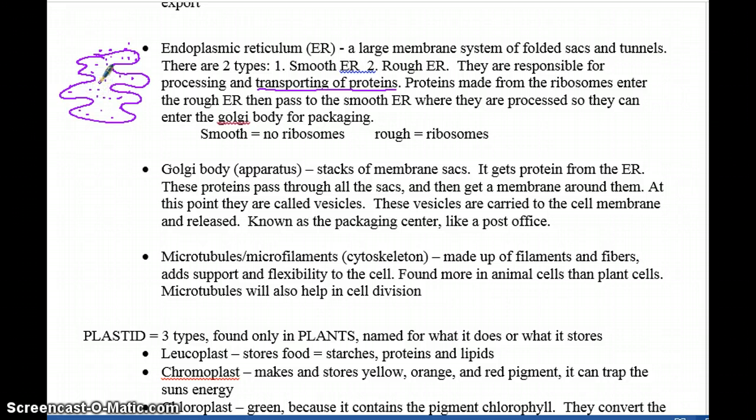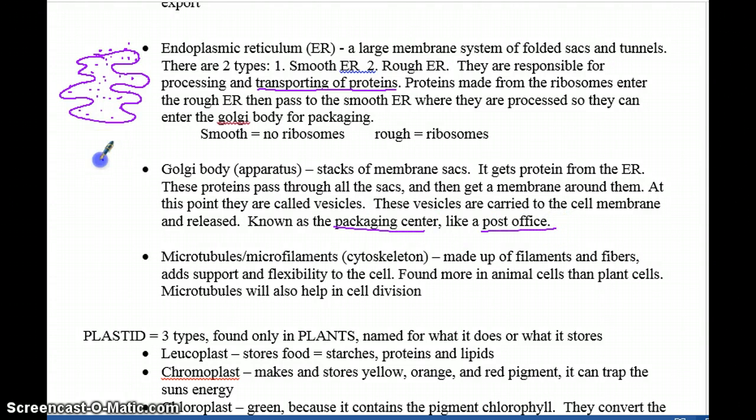Then we have an organelle called the Golgi body or Golgi apparatus. It's stacks of membrane sacs. It will take the proteins from the endoplasmic reticulum, package them up, and shoot them off to where they need to go to do their job. So the Golgi is the packaging center, kind of like the post office.